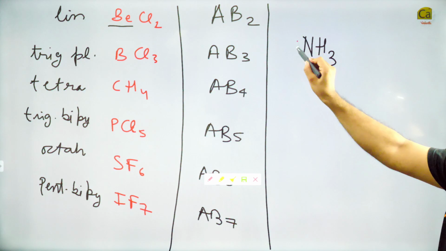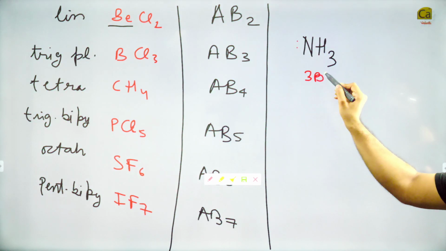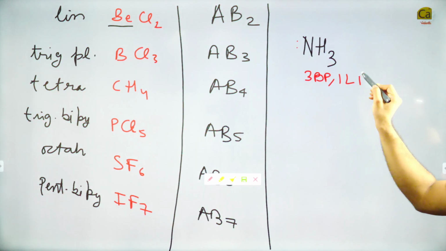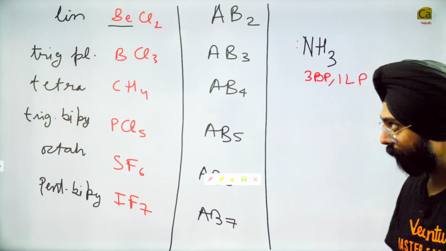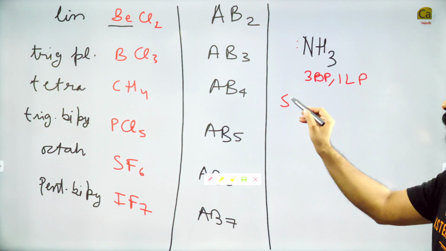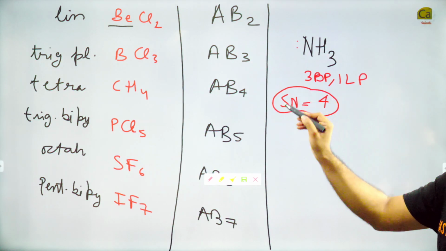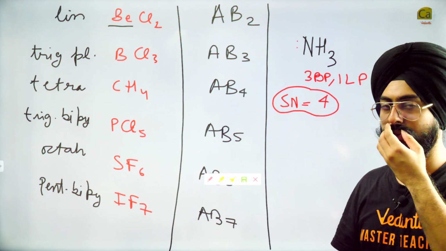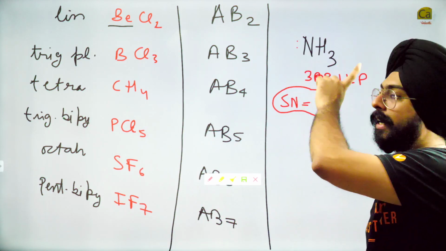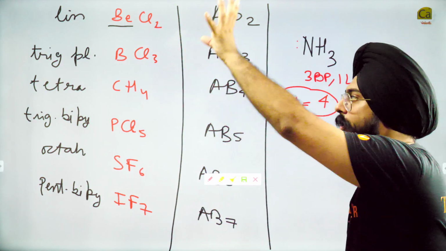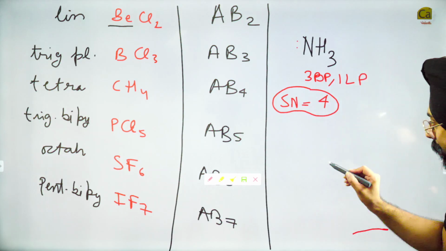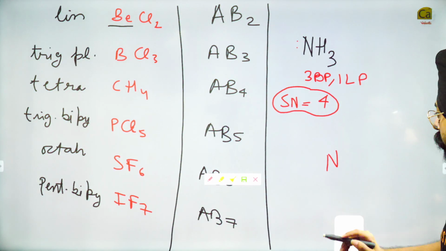NH3 में क्या हो रहा है? There are 3 bond pairs, 1 lone pair. Over here, the steric number is still equal to 4. So you will arrange NH3 very similar to CH4. ठीक है, NH3 को very similar to CH4 you will arrange.